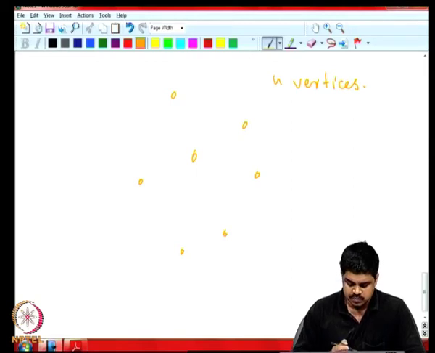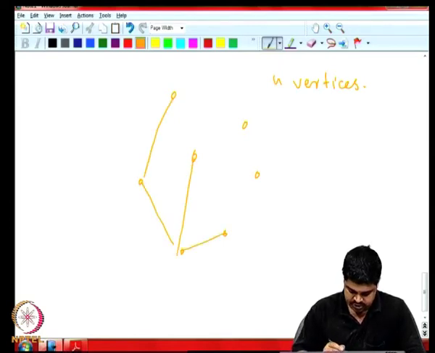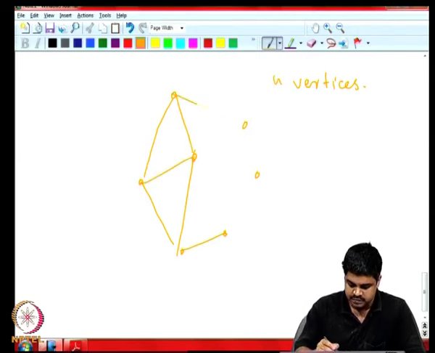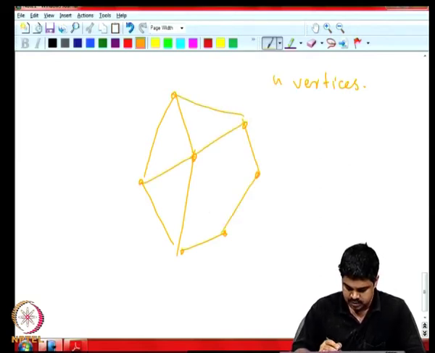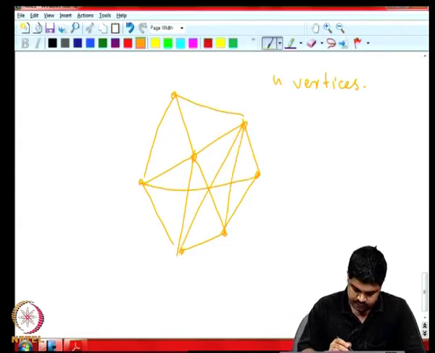Now suppose it's a complete graph. Complete graph means all pairs are connected by some edge. I mean, if there are 2 different vertices, there is an edge between them, right. This is the kind of complete graph we drew.